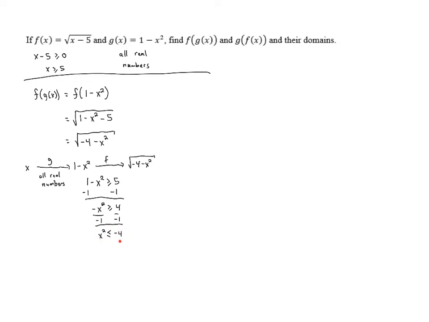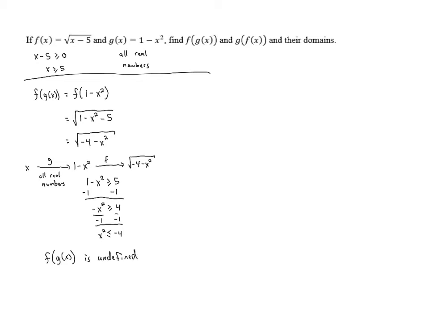Because this is impossible, this will never work, this means that our composition of functions is never going to be defined. So in this case, the composition of functions, f of g of x, is completely undefined.